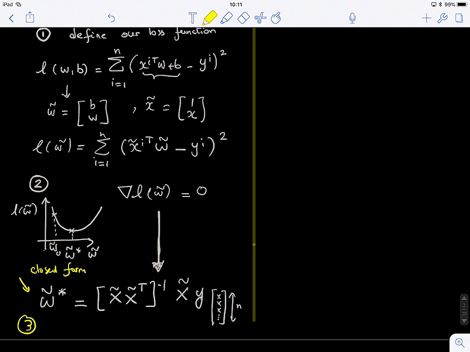We can also find the optimal parameters for the linear regression using gradient descent. Is it possible? It is possible, right? We call the gradient descent algorithm. We start with an initial guess, and then we try to minimize our loss. So we start with W0, and then we perform our update. What is the update rule? Anyone remembers that?